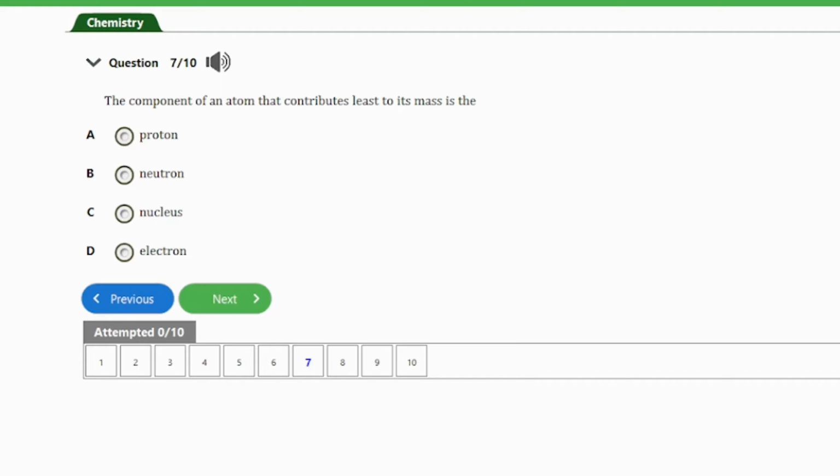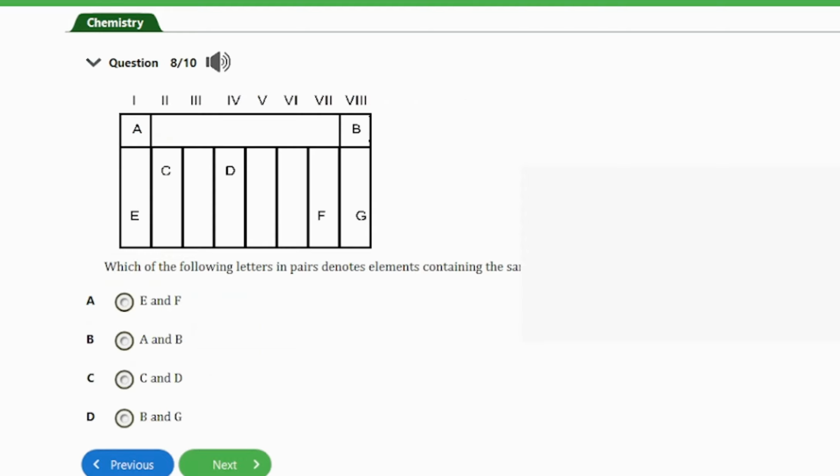Actually, the mass of an electron is about 1 over 1840 that of a proton, and that's way too small to be compared to that of a proton. So guys, the mass of electron is way too small, and that's the component of an atom that least contributes to its mass. So let's consider the next question.